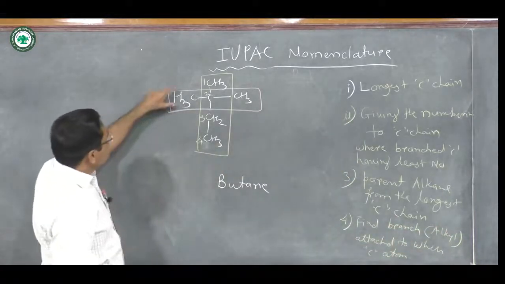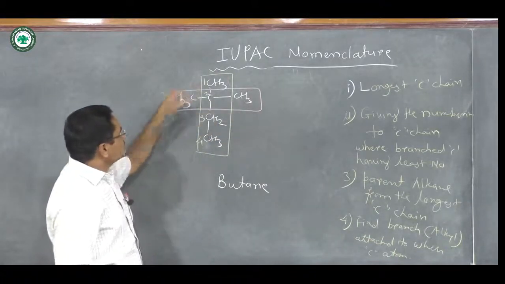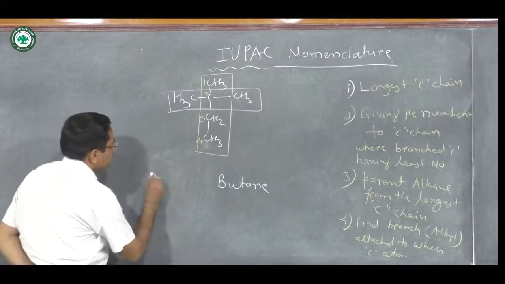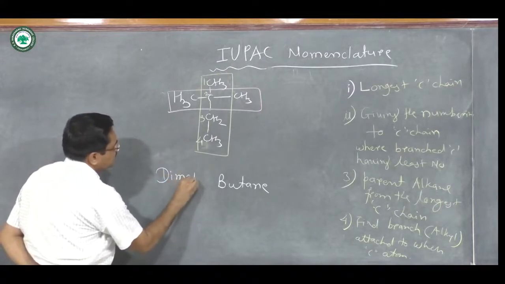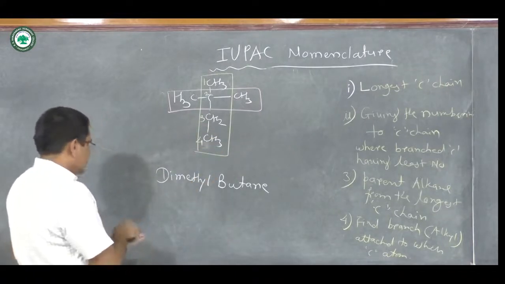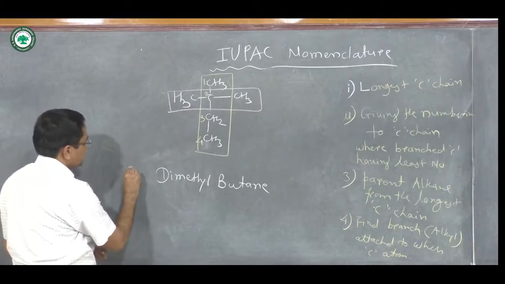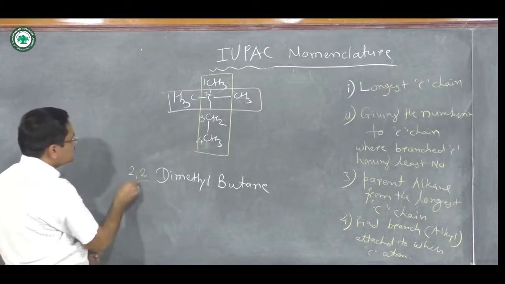Now here CH3 and CH3, two groups are attached to the second carbon atom, so it is dimethyl. It is dimethyl, and this one is attached to the second carbon atom. Why is it 2,2?